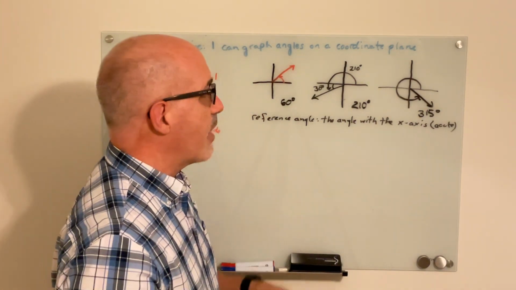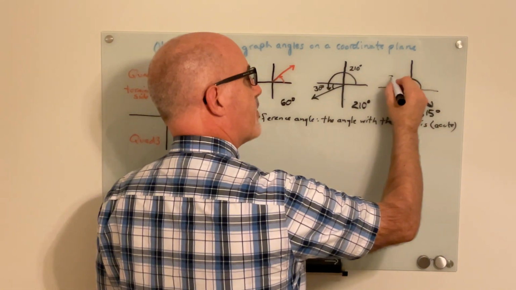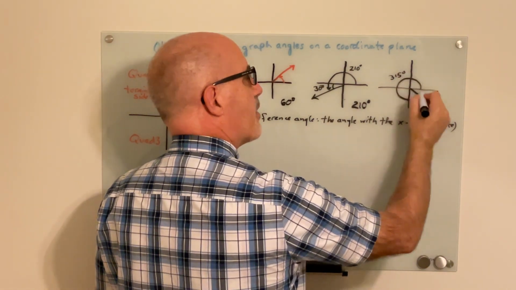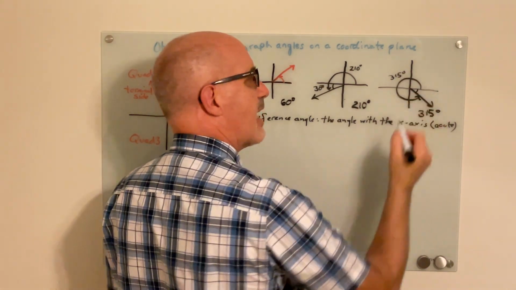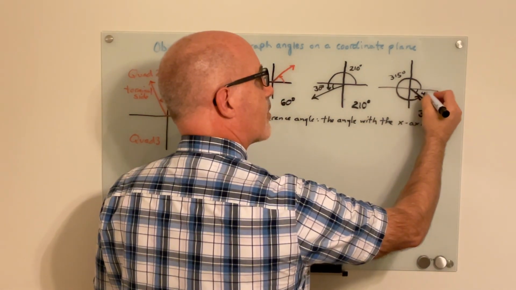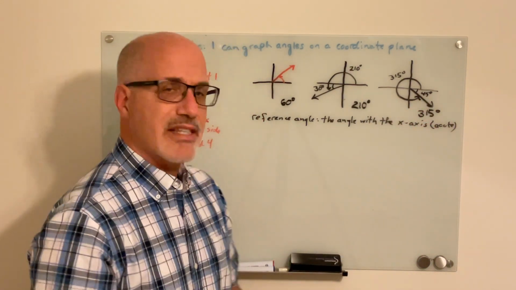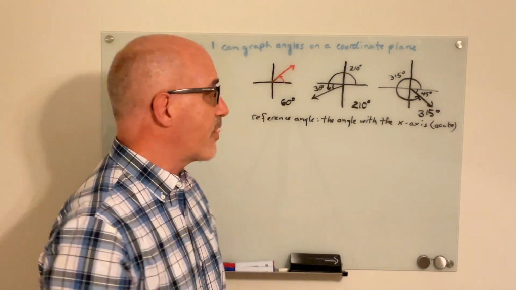Now the angle that we want to measure for the reference angle, so this is 315, the whole angle, but this little angle here with the x-axis, that's going to be our reference angle. That's 45 degrees. Notice that's 360 minus that 315 because that's how far short we went.